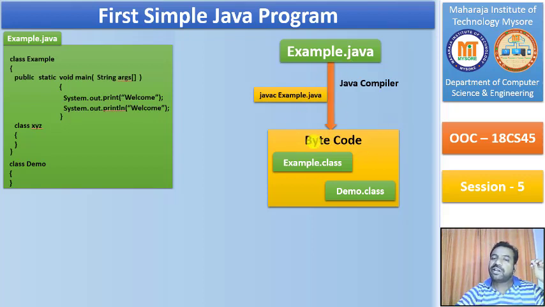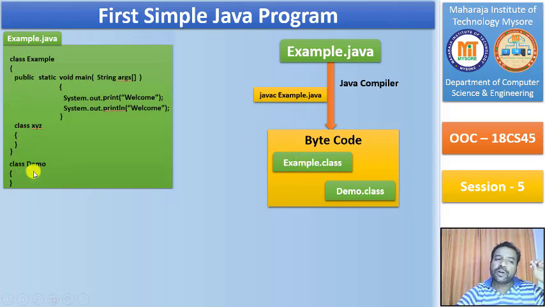After compilation, carefully observe, there are two files. One file is with the .class extension and the name example. This is because inside this program there's a class called example, hence example.class is created.